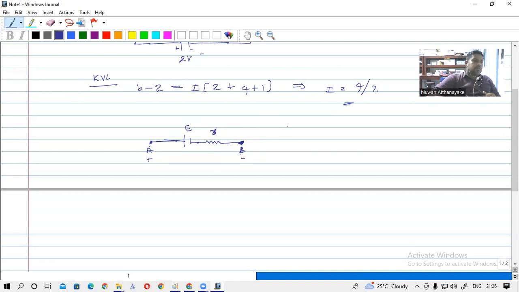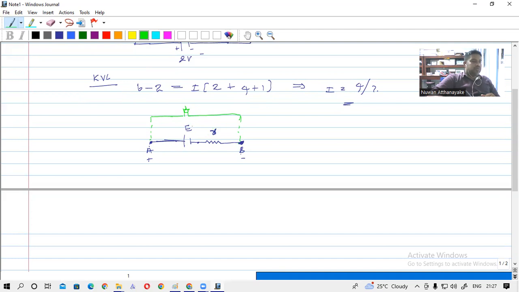Say that you connect this battery to a load. What is the practical scenario? What can you say about the voltage across this battery? If you connect it to a load, maybe a bulb or something, when the current is flowing through it, due to this internal resistance, the voltage will be dropped.